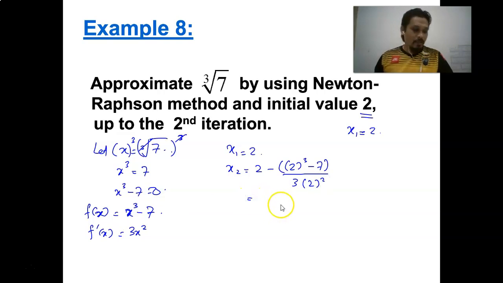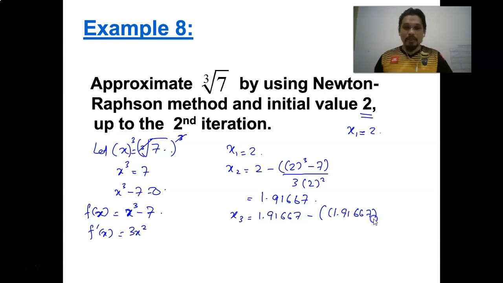You may use a calculator and you'll get 1.91667. So then x3 equals, using this value now, 1.91667 minus 1.91667 cubed minus 7 divided by 3 times 1.91667 squared.